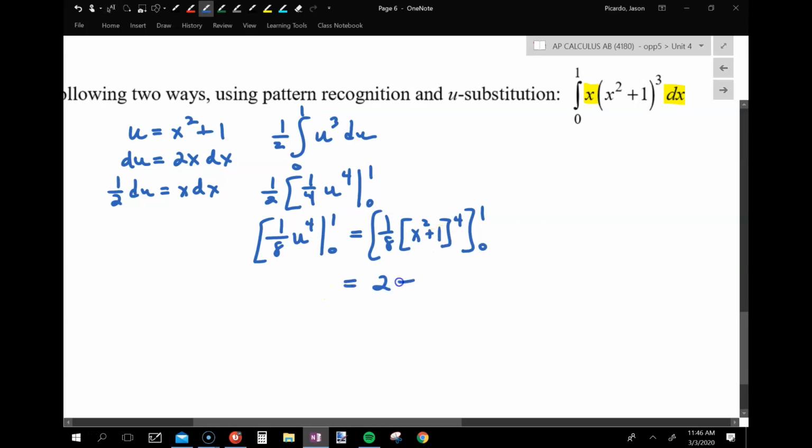So this is equal to 2 minus, well, if I plug 0 into this, what do I get? I get 0 squared, which is 0. I get 1 to the 4th, which is 1. 1 times an eighth. So I have 2 minus an eighth, or 15 sixteenths. 2 minus an eighth, right?